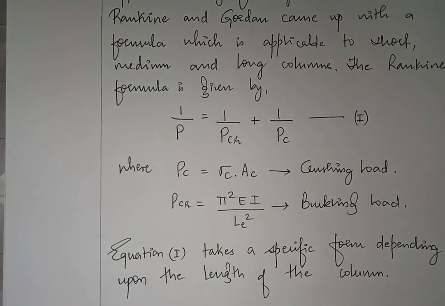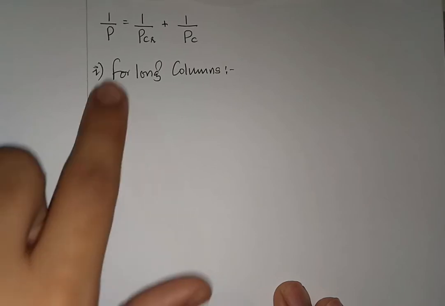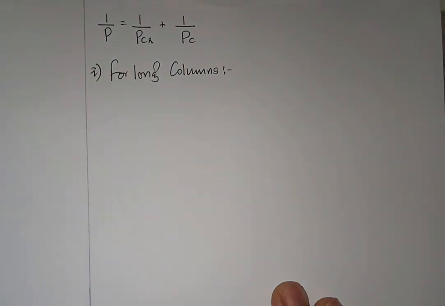How exactly it is going to vary, I'll show you now. So this is my equation number 1. Now I'll be taking 3 cases. First one for long columns, then for short columns, then for intermediate columns.